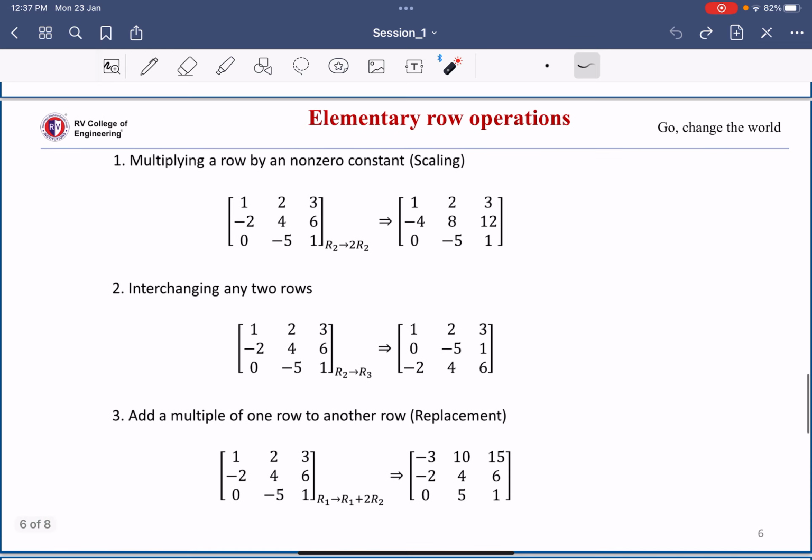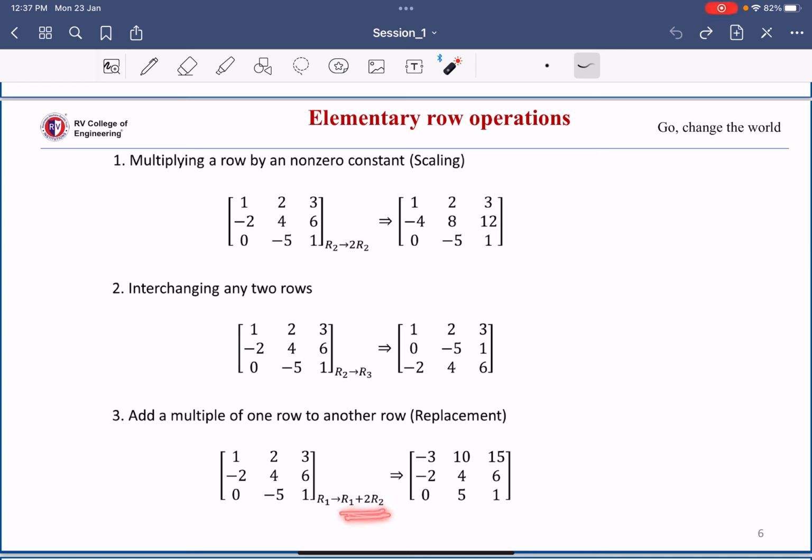The third transformation is adding a multiple of one row to another row. We consider the same original matrix. The transformation I have considered is R1 plus 2R2. So what does this represent?